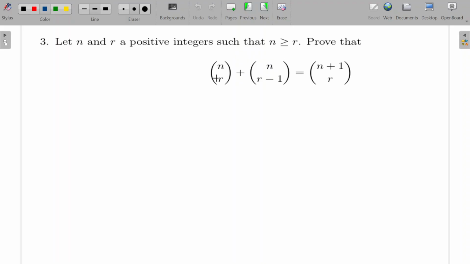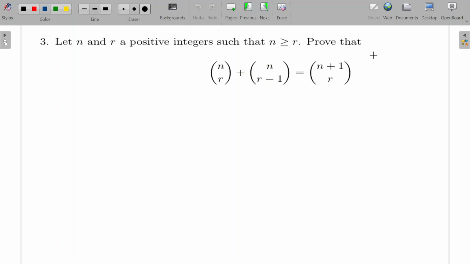The one at the bottom is not supposed to be bigger than n because it would be impossible to solve. So the one at the bottom must be less than or equal. So n must be greater or equal to r. Prove that n combination r plus n combination r minus 1 is supposed to give you n plus 1 combination r.